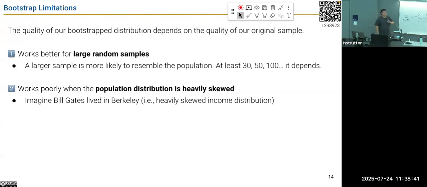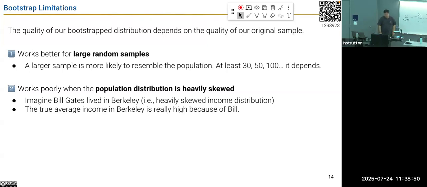So we're trying to estimate, say, the average income of everyone in Berkeley, and we draw a sample of, say, 1,000 residents of Berkeley. Then Bill Gates himself is going to single-handedly pull the average income up for Berkeley.